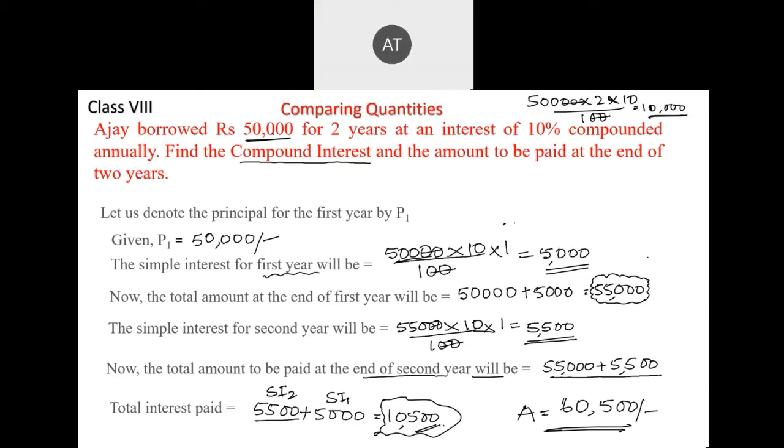Is there anyone whose parent is a banker? Nobody? At least if your relatives are in a bank, ask them: if they take a loan from their own bank, do they pay compound interest or simple interest?